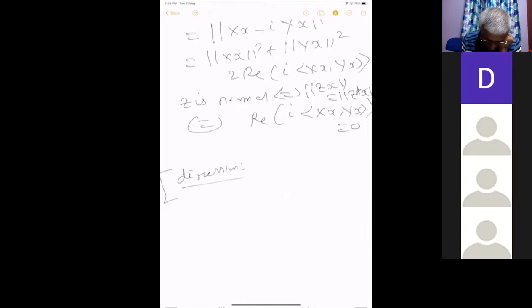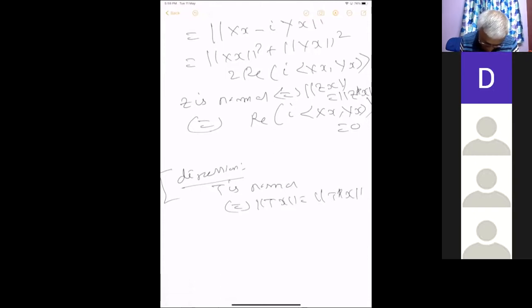I want to say that T is normal is equivalent to saying norm Tx equals norm T star x. One way I proved. The other way, did I prove it? Oh, the converse you didn't prove. Let's do both of them.